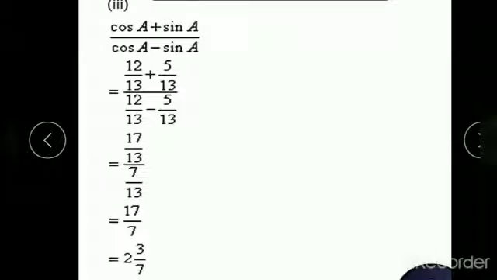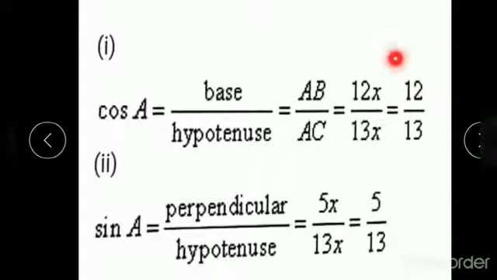So the third one is you have to find out cos A plus sin A divided by cos A minus sin A. So you know now what is cos A and sin A. Substitute here. What is cos A? Cos A is 12 divided by 13 and sin A is 5 divided by 13. So substitute here.